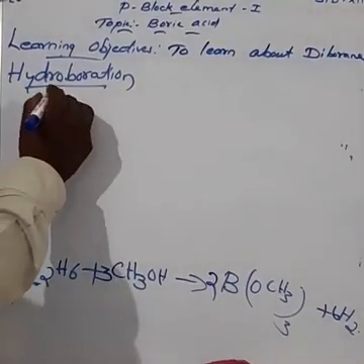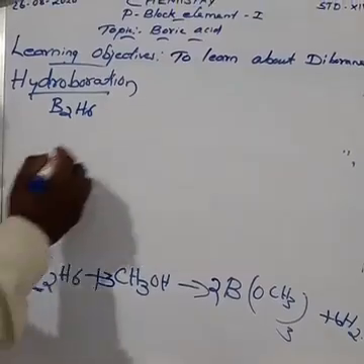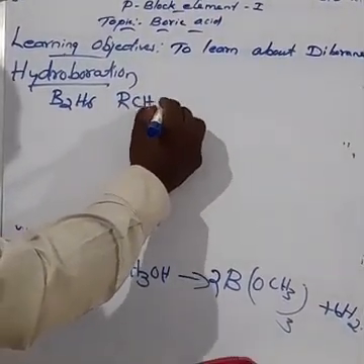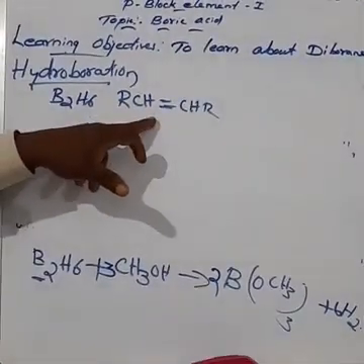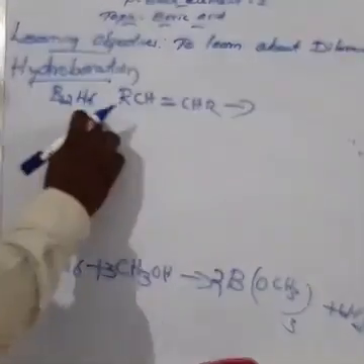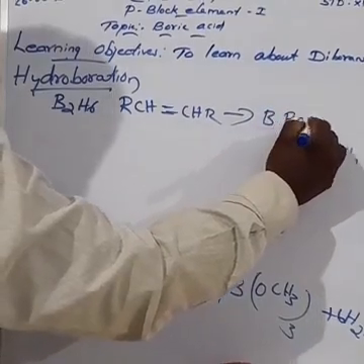Diborane formula B2H6. We are taking alkene RCH=CHR. The double bond means alkene, and boron joins there.